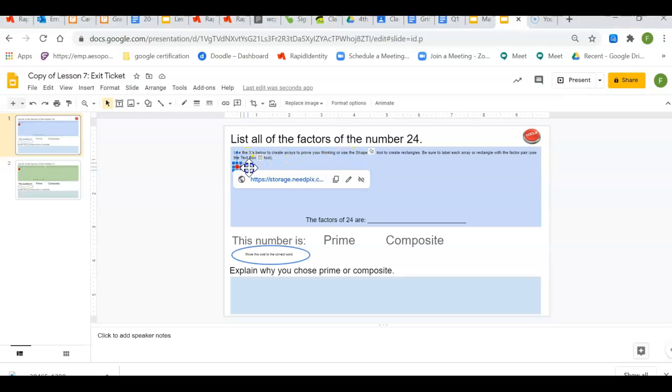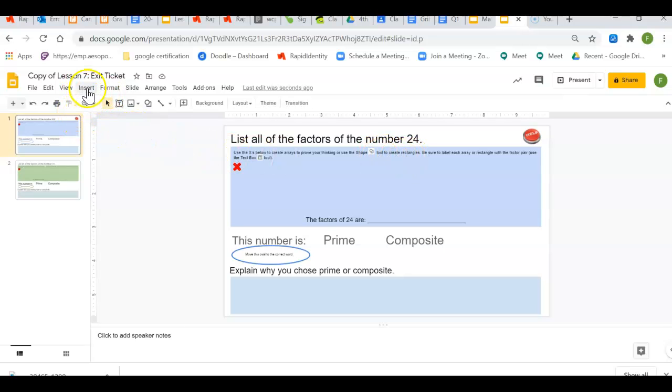So you basically are just copying this and you're going to drag it from the main one and you create whatever shape that you would like to make with the X's, okay?